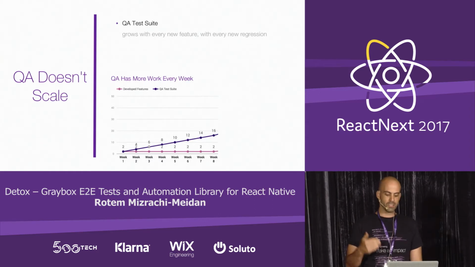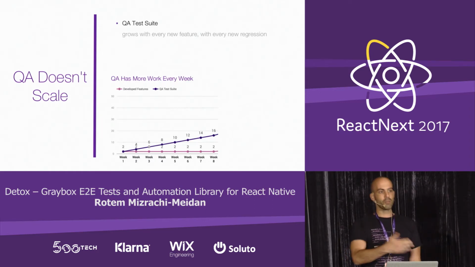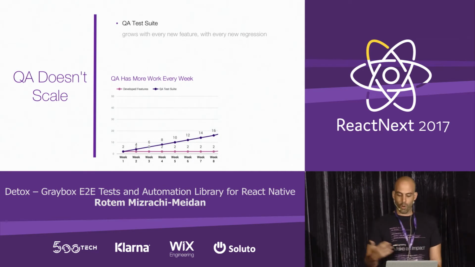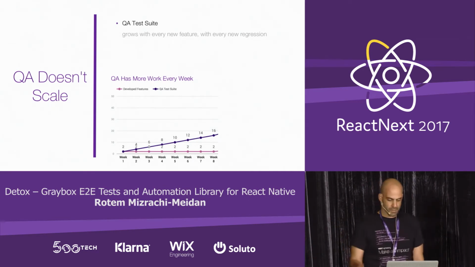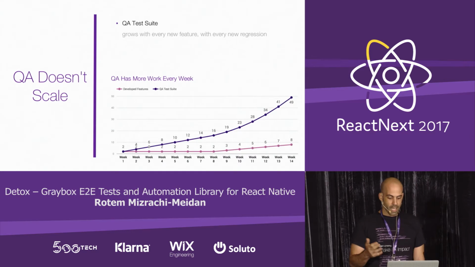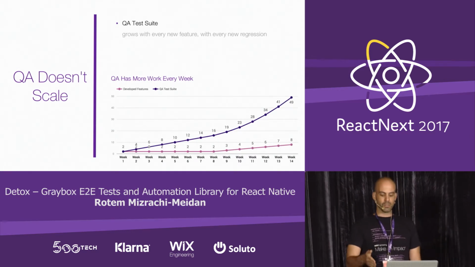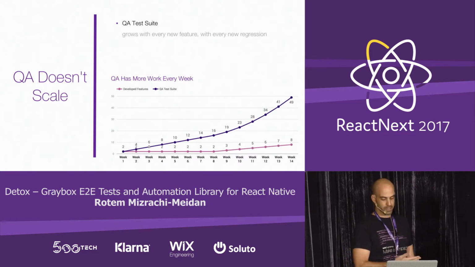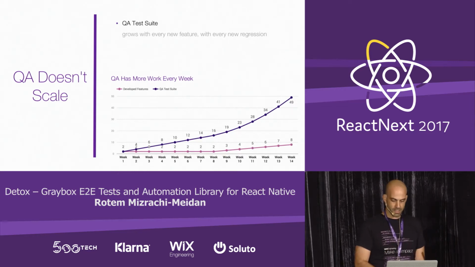And since they need to test more features every week, either we'll need to hire more QA, or we give up on some tests. But add a growing product to the mix, which needs to hire more developers and increase the development rate, and QA test suites just explode.